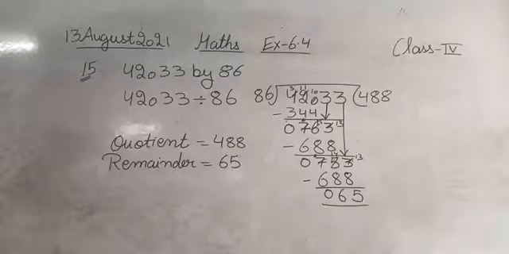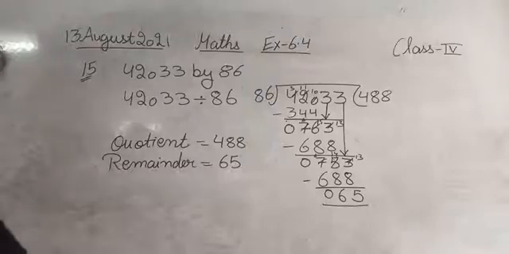This is the solution of question number 15. So you can pause your videos here and note down this question number 15 in your notebooks. Okay, next let's move to the next question.